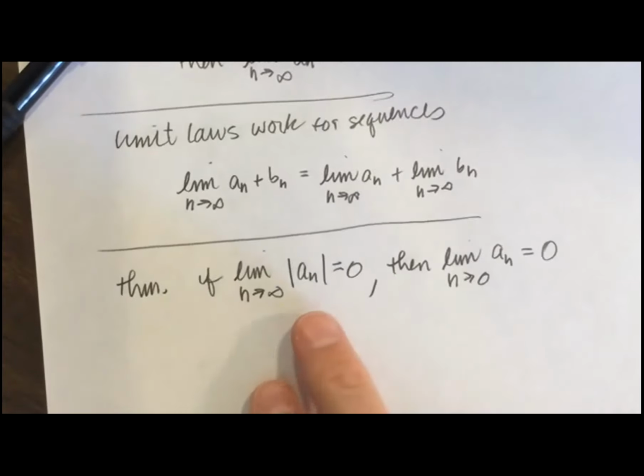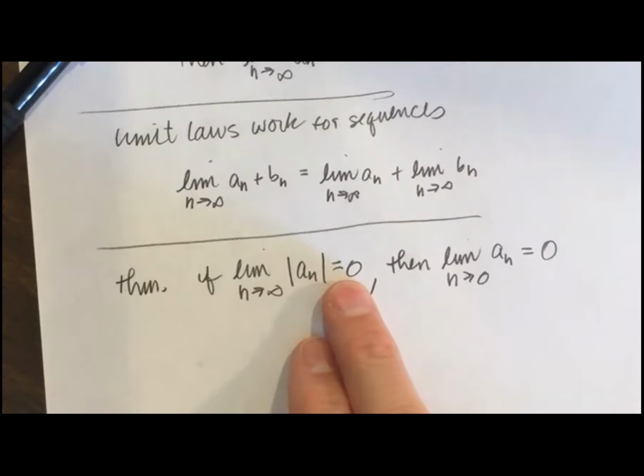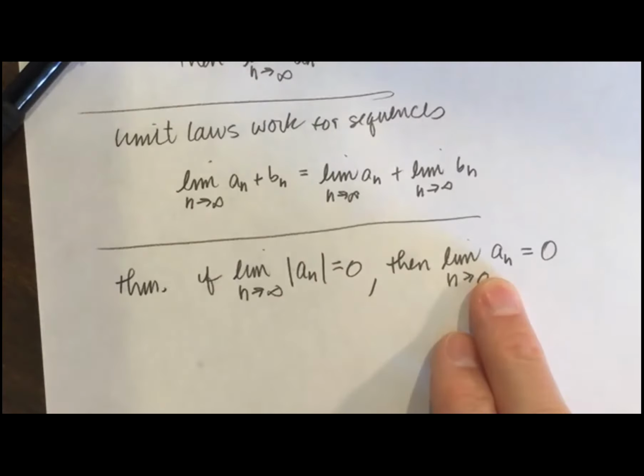But if this is going to a number not 0, let's say that when I take the absolute value, it's going to 5. Well, if it's going to 5, then I don't know what the sequence is going to. This turns out to be really weird, and we should maybe look at an example, but maybe I'll save it for Monday. Or you might come across it in the homework.